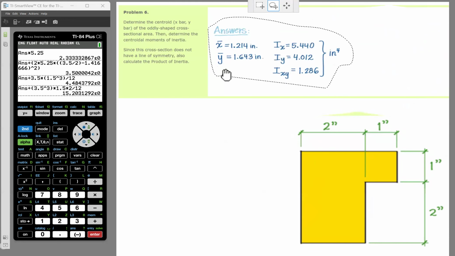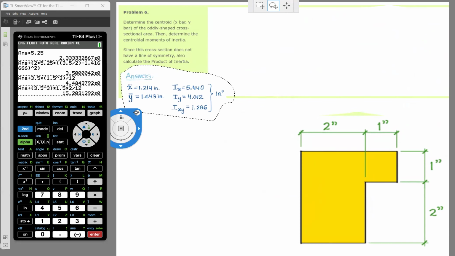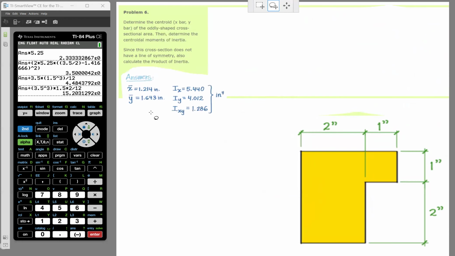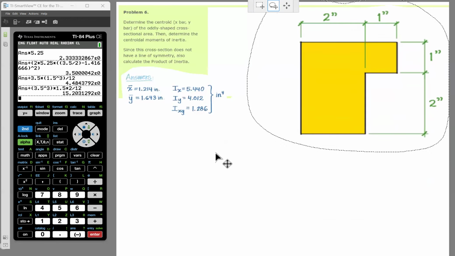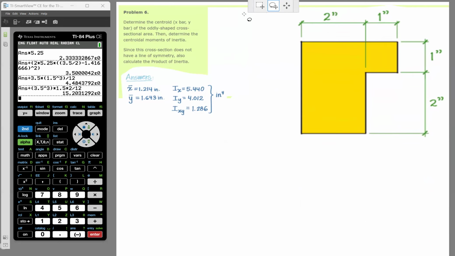I'm going to keep the answers, but make them a little smaller, put them here. Get rid of this stuff. And put this up at the top. Okay, I think that looks big enough.